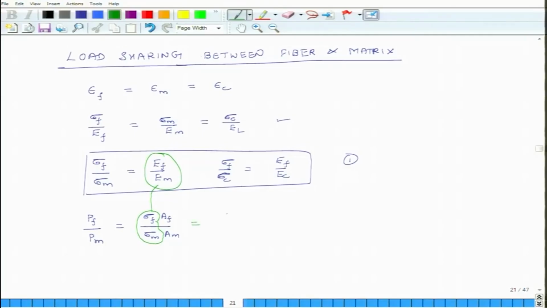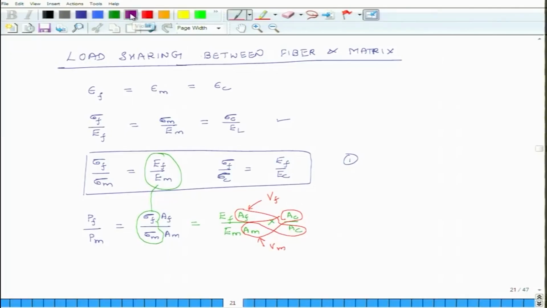So, I can write it as Ef Af over Em Am, and what I can do is multiply and divide by Ac, where Ac is the area of the composite. So, what is Af over Ac? This is Vf. And what is Am over Ac? Vm.